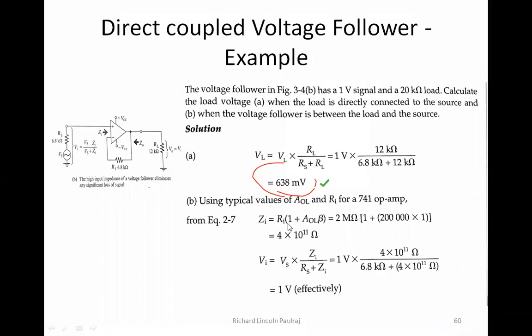RI, do I have? No. So I need to take the typical values, which means I have to refer to the data sheet and take those values. Taking those values into consideration, it's about 2 mega ohms RI, and AOL is about 200,000.